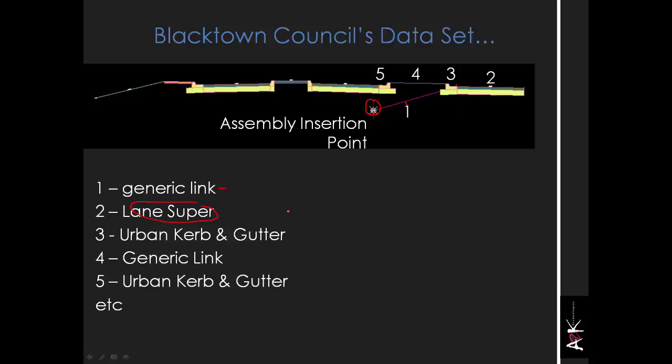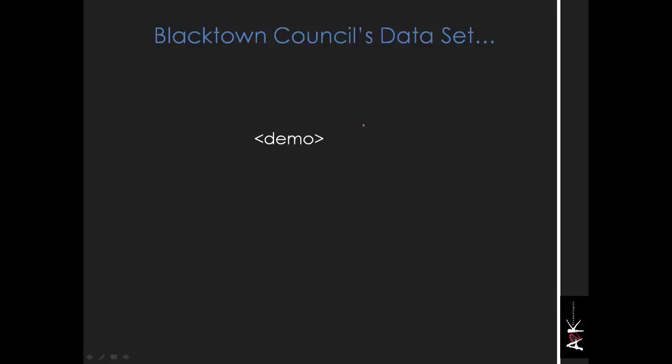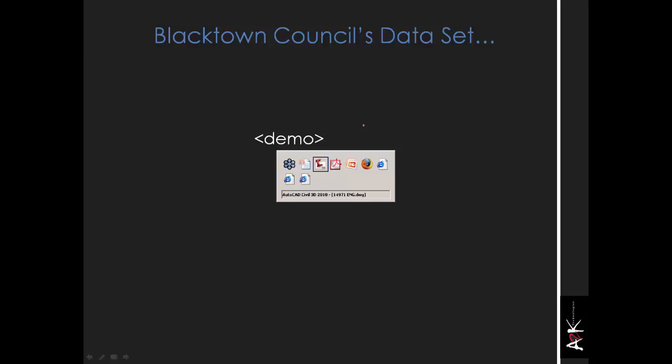That goes to the right. Going to the left, we have a curb and gutter, then a generic link to represent our landscaping areas, and then a sequence of similar assemblies to allow us to work our way across. This cross-section is on your scratch pads as well, so by all means scribble down notes as we go. Let's dive into it and show how it works.